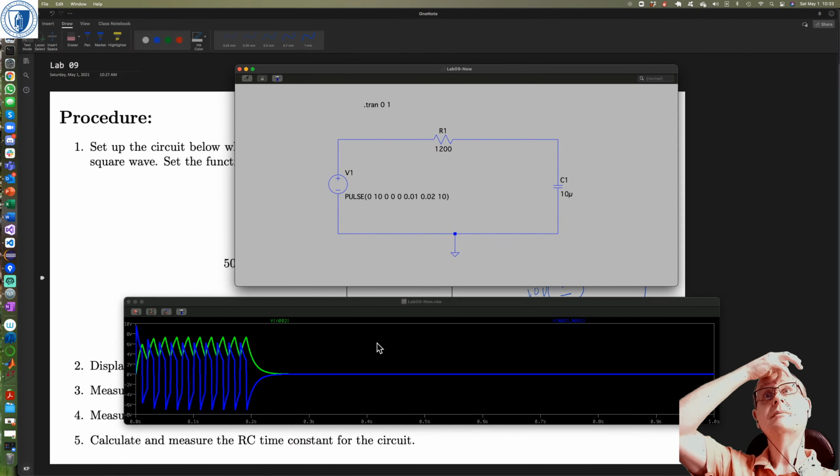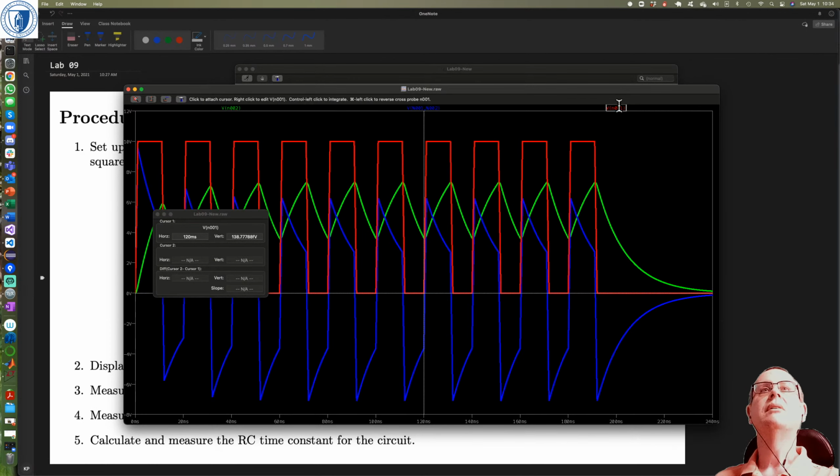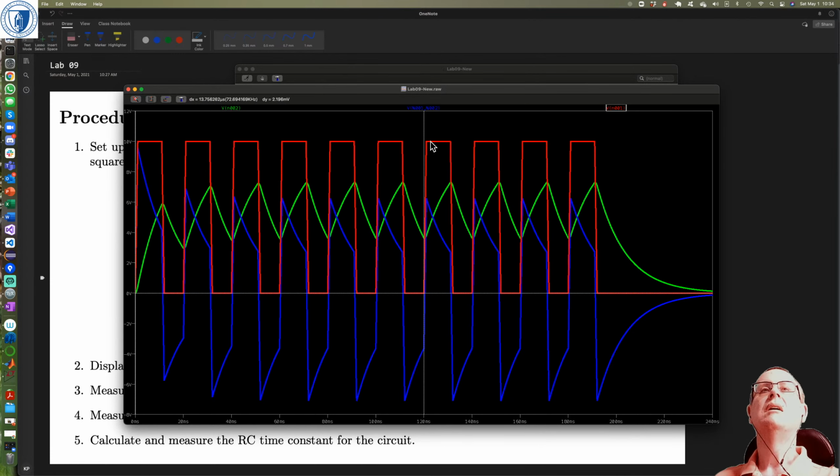Right, so it starts off at 10 volts effectively, and then it goes, let's just zoom in on the start of it. The period, which is from there to there, should be 20 milliseconds, which it looks like it is. And then the on time should be 10 milliseconds.